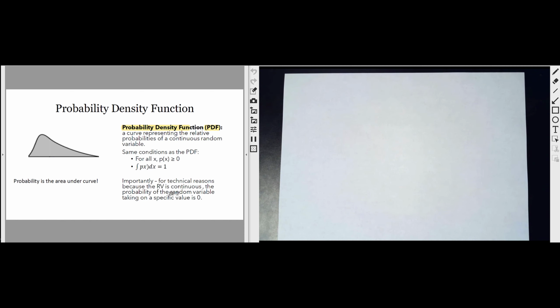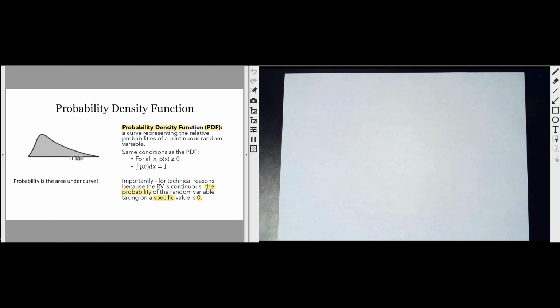In fact, in particular, the probability of getting exactly a 2 in a continuous distribution is always going to be 0, which seems wildly counterintuitive, unless you're really comfortable with calculus.